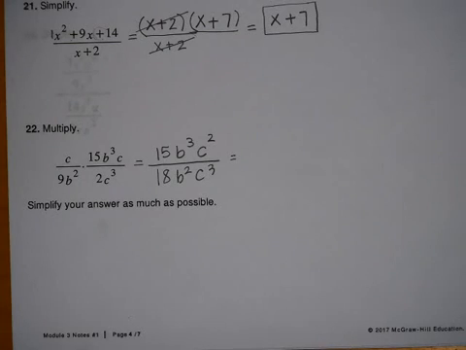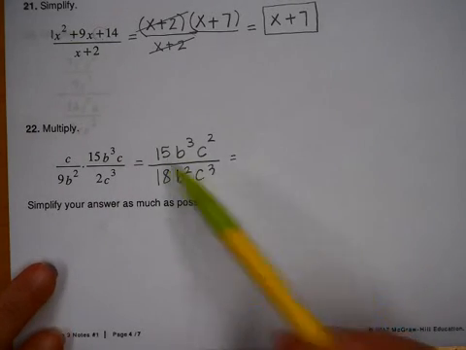Now we're just going to simplify, keeping in mind that when we divide, we subtract our exponents. And your coefficients, that 15 and 18, you're just going to reduce like a regular fraction, because that's what it is. So 15 over 18.